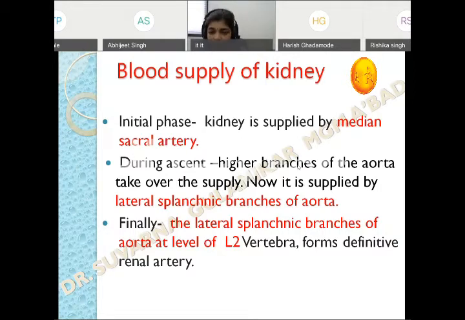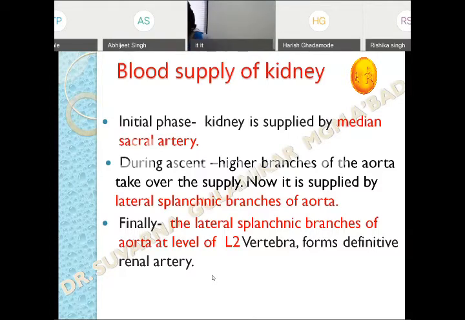As it ascends, the different branches of the aorta take over the blood supply, and these are the lateral splanchnic branches of the aorta. And finally, when it reaches the definitive position, the lateral splanchnic branch of the aorta at the level of L2 vertebra forms the definitive renal artery.